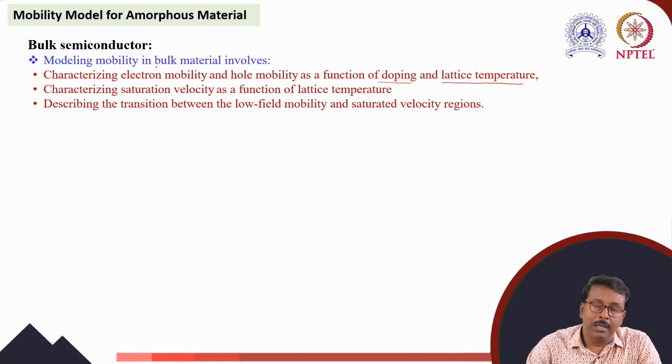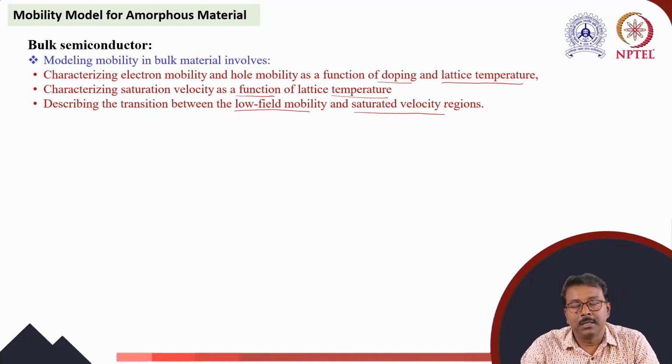And the model that was proposed characterizes the saturation velocity, which we just now discussed, as a function of lattice temperature. Now, the transition from low field mobility to the saturated region we have also discussed, by adding an extra factor in the mobility model.